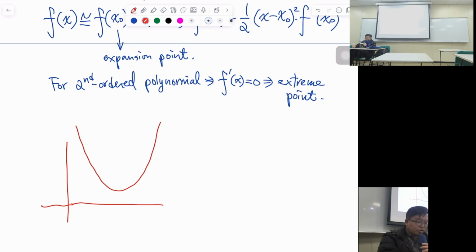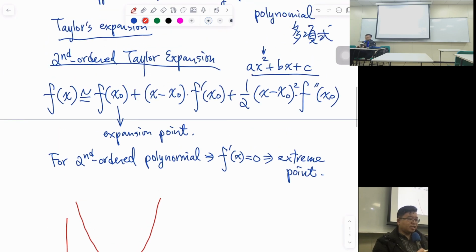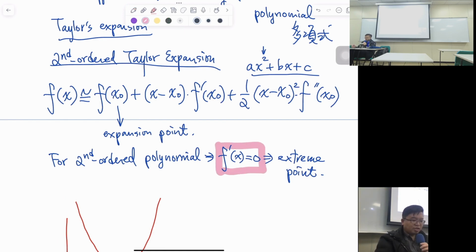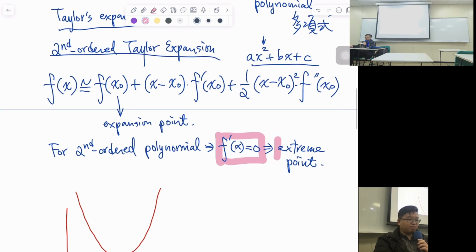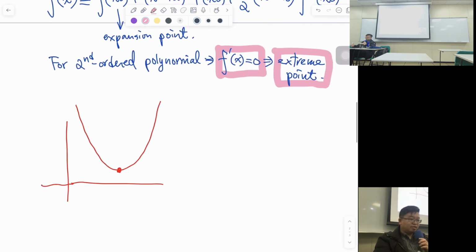So there's definitely a minimum point. The extreme point is right there. So what we need to do next is to follow this idea. We can just take a first order derivative and make it 0. Then solve for this, that gives you the extreme point. And the extreme point will be your minimum point.